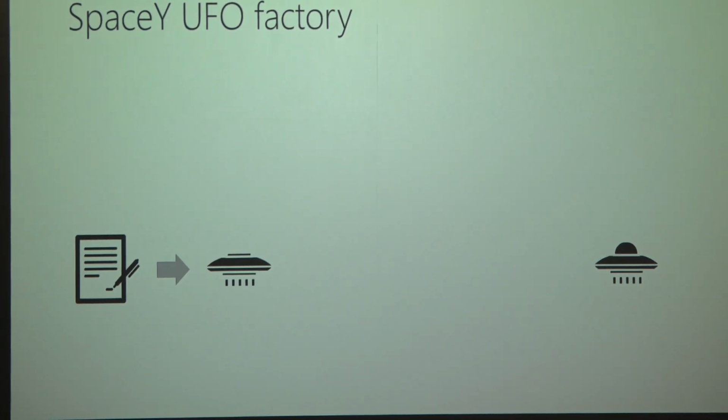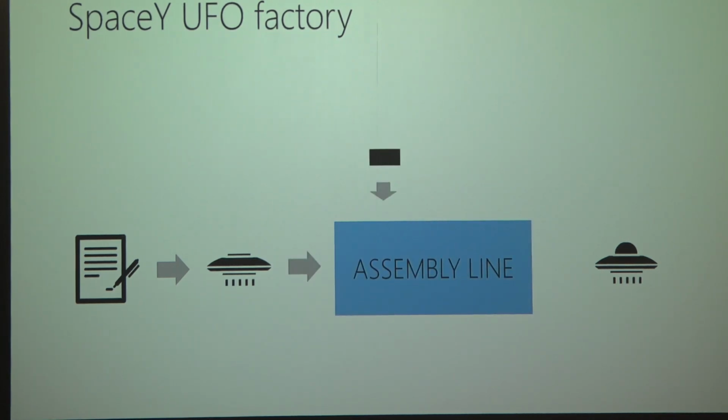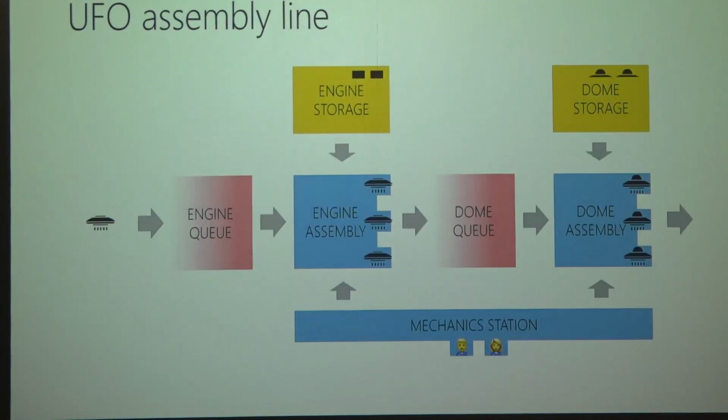We have half-finished UFOs that go into some assembly line where we need to assemble an engine and a dome, and then we can deliver to the customer. All of this is a 24/7 process, so orders can come in whenever, and we are being judged by how long the throughput is from the order until we can deliver.